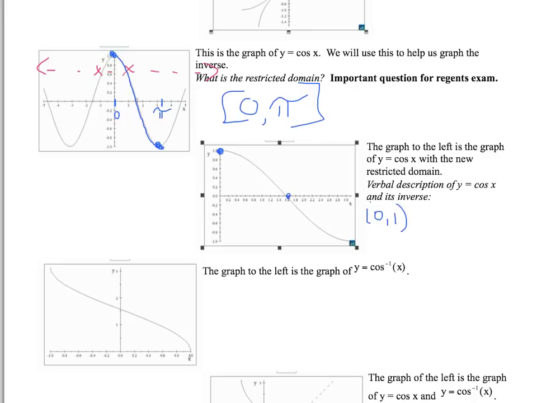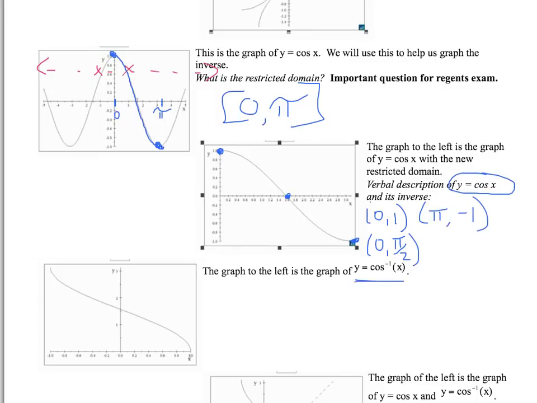I see this middle point right here, which I know it's hard for you to see the labels, but that point is at 0, pi over 2. And this last point down at the bottom is at pi, 3.14, yeah, pi and then -1. So that's my cosine x graph.